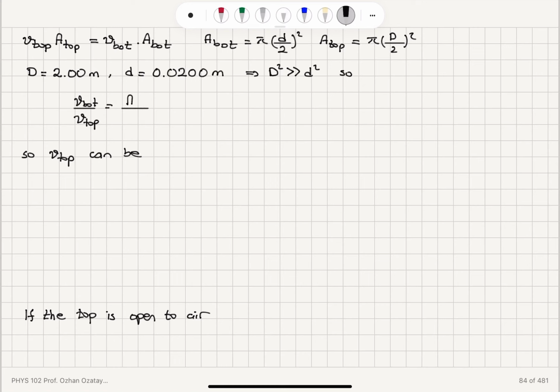So this is the ratio of the top and bottom surface areas, and this is much greater than 1 because capital D is much greater than d. So you can see here. Therefore, what is the conclusion? The speed at the bottom, v bottom, is much greater than the speed at the top. So, what can we say about v top? It can be neglected.